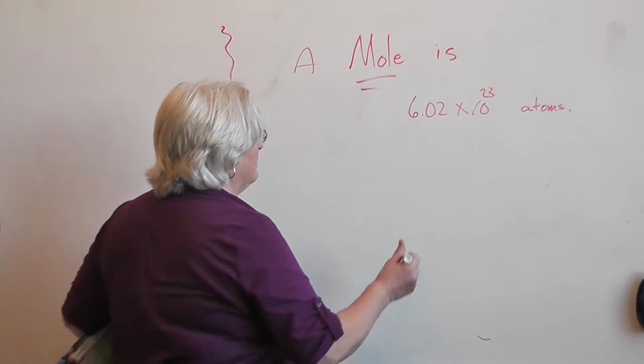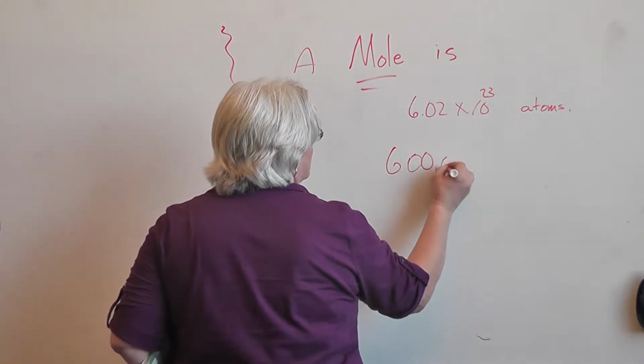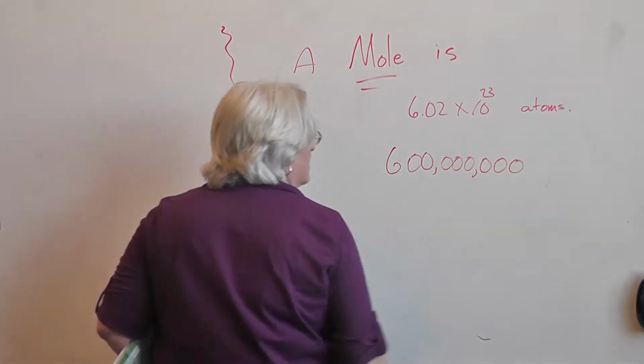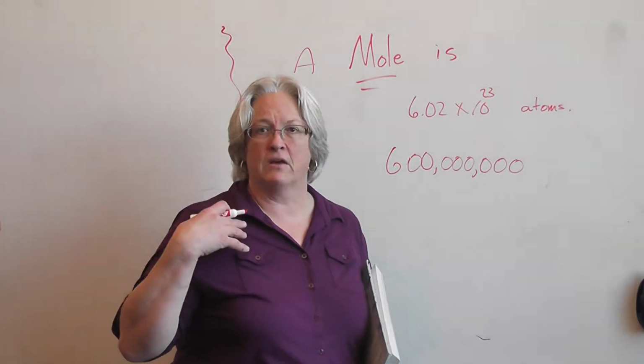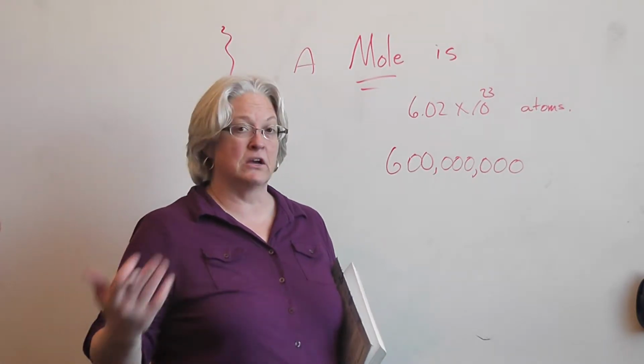Well, let me show you what 100 million or 600 million looks like. This right here is 600 million. Now think about having 600 million ants, $600 million.